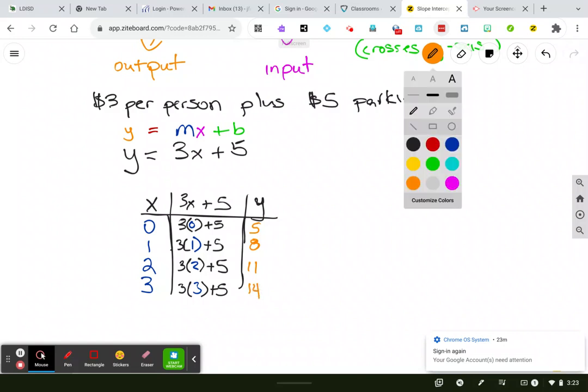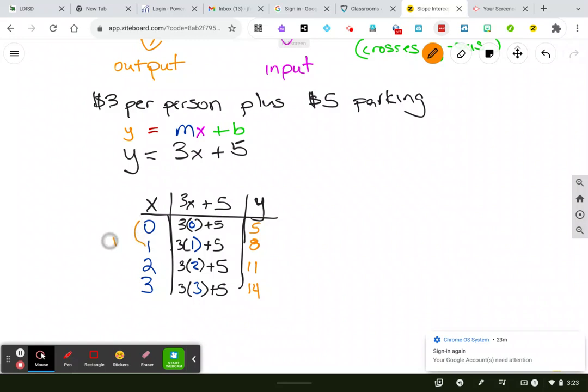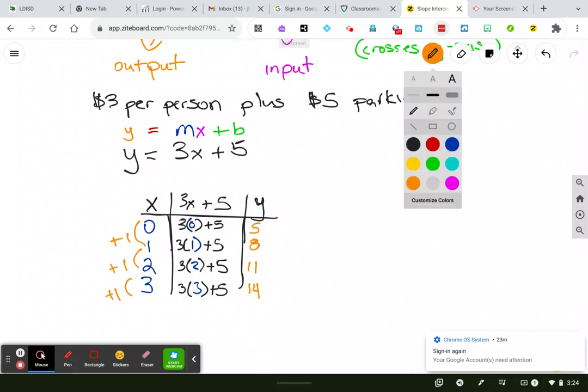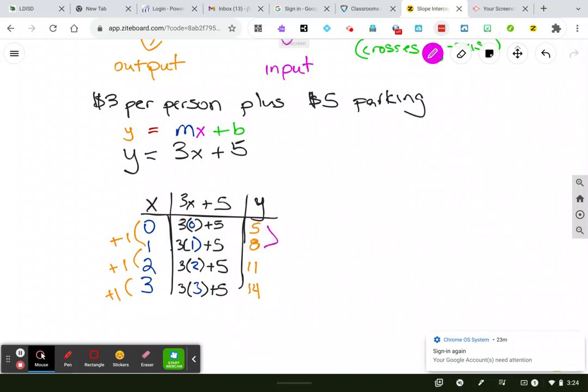So what's happening here is that every time I add a person, my cost is getting more by 3.